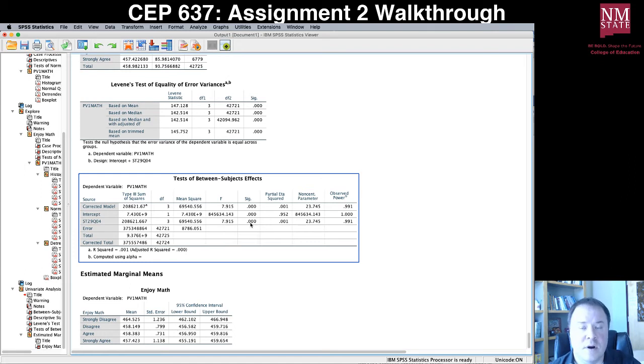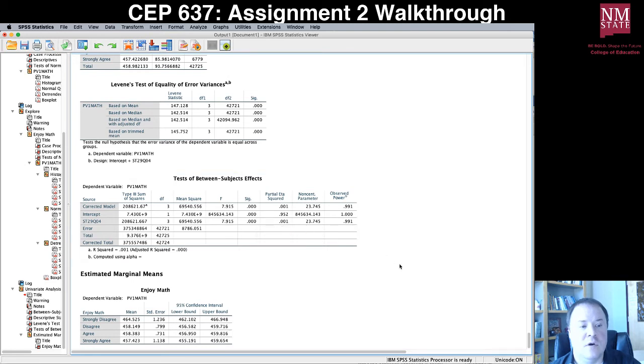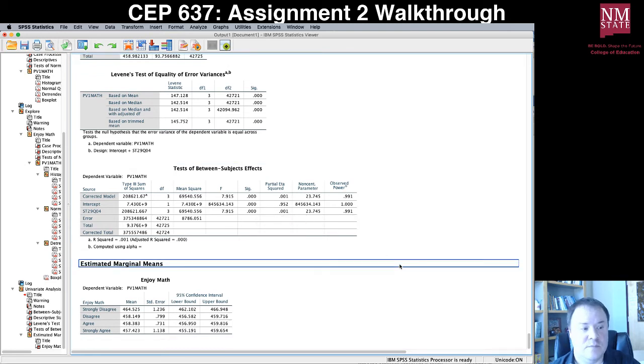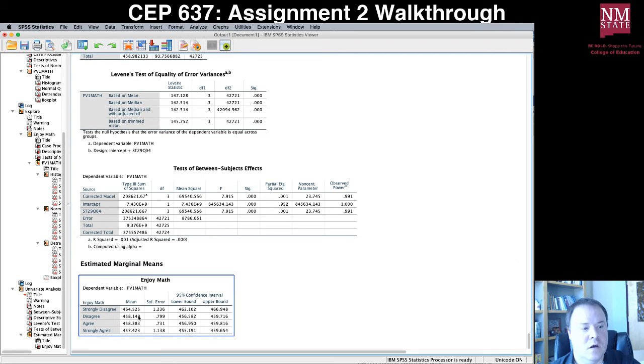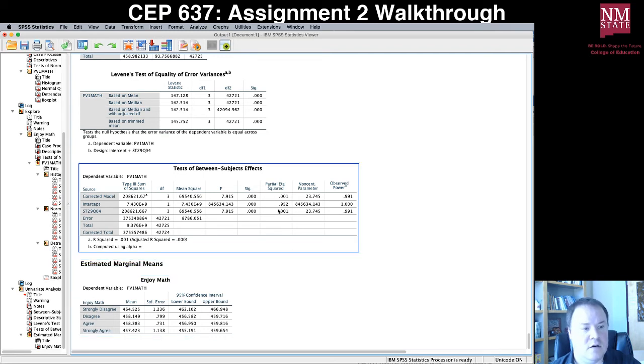However, remember that I said earlier that this could be being influenced by the fact that the sample size is so large. That is why we also look at this value, which we will talk about later in class. However, that value is interpreted like an r².